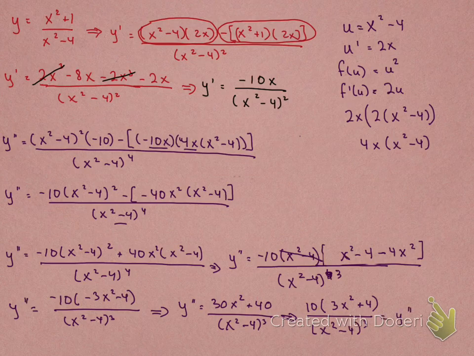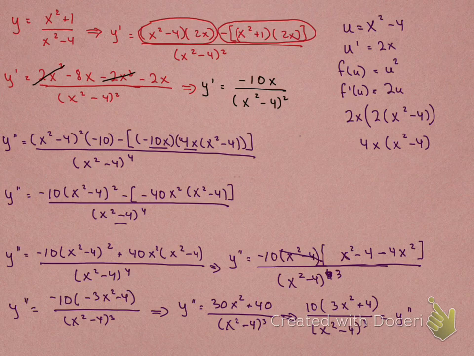What we're going to do there is find the critical numbers. The critical numbers are where the numerator either goes to 0 or the denominator goes to 0. Well, if you look at the numerator, there's no place there that you're going to find a real number where 3x squared plus 4 is equal to 0. So we're only looking at the denominator.